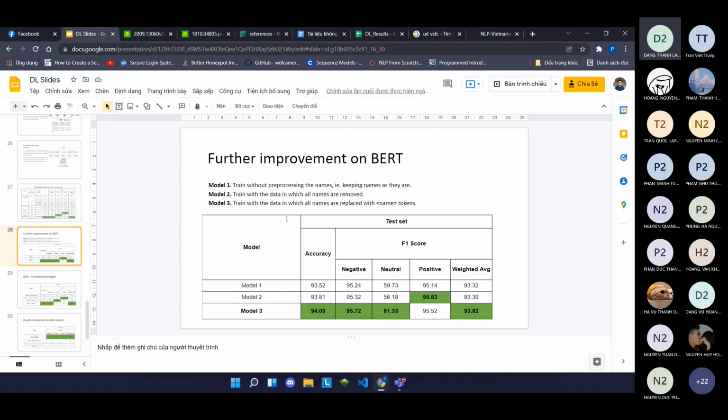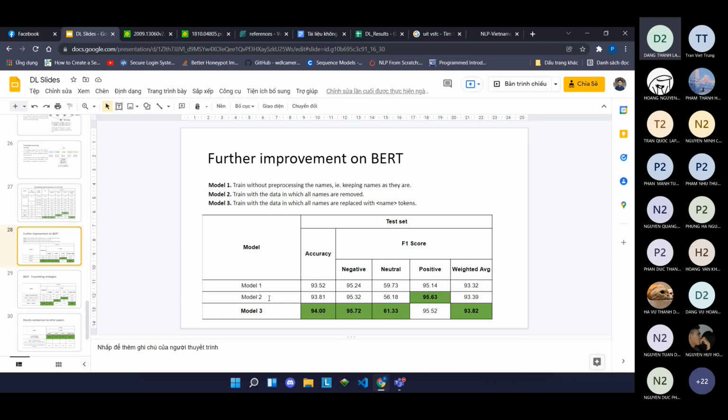While in model 1, if you do not pre-process names, they will count as unknown words, and the WordPiece tokenizer will break them into character tokens. It is the same case for model 2, which removed names, so it has fewer vocabulary words.